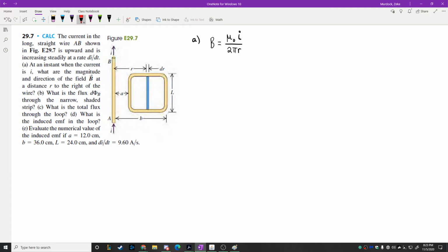We want to know the direction of the magnetic field created by this wire. What do y'all think? Some people are saying out of the page. Anyone else have an idea?